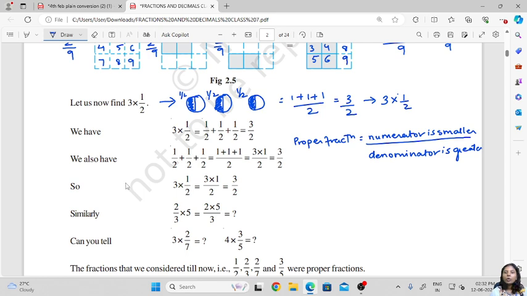So these are proper fractions. All these that we solved are proper fractions, because here the numerator is small and the denominator is greater than the numerator. Now when we say improper fractions, it will be the reverse.